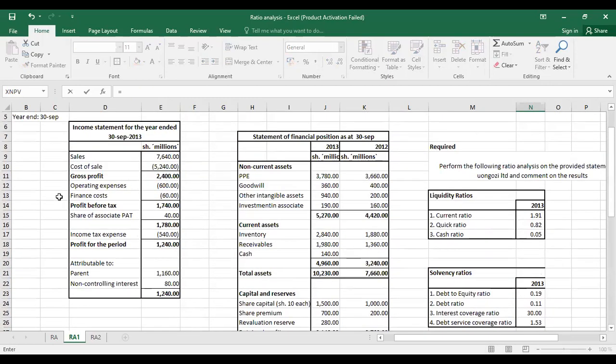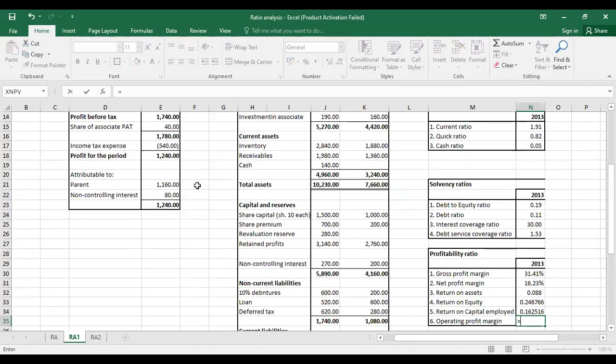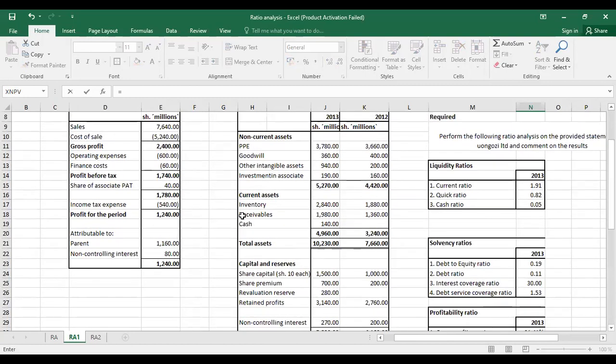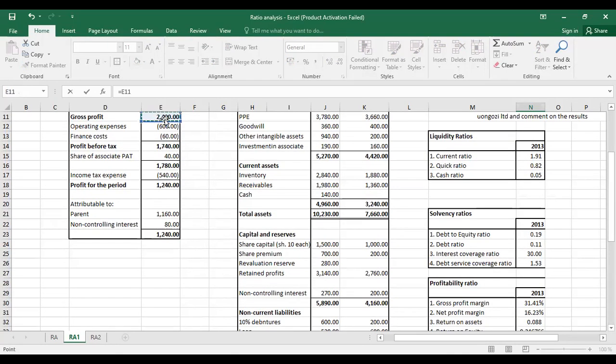Then operating profit margin. So we had this, which comes exactly after excluding finance cost. It's like we will take the gross profit. So we start with brackets, the gross profit, so plus, I'm lessing operating expenses now to find the operating margin.